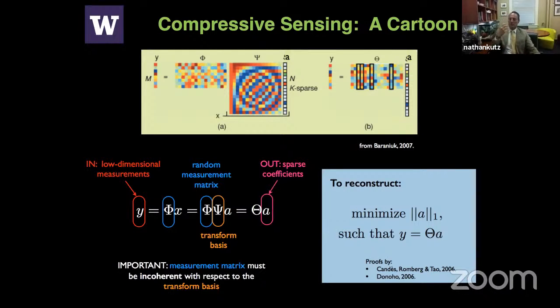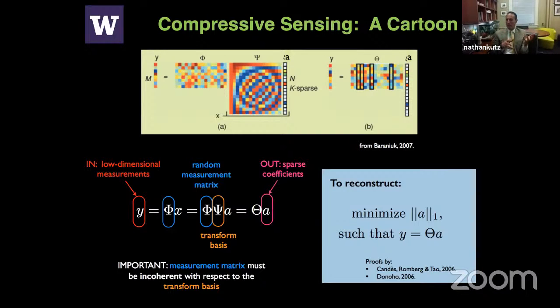Okay, so in other words, I have a signal that can be represented sparsely in some basis. And so you could say, well, in that case, let's measure the system. That's what Y is. Y is a measurement of the system through some random measurement matrix phi onto the actual signal X, but X itself can be written as psi A. So ultimately, it's a linear algebra problem.